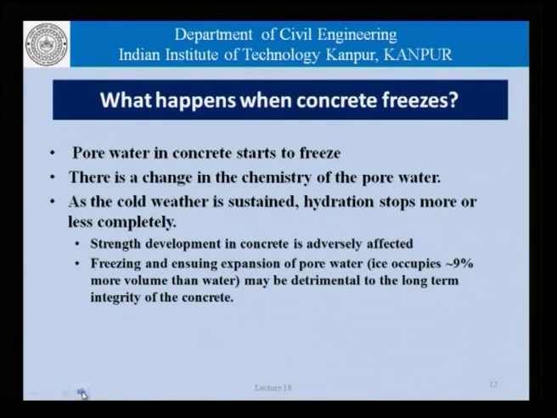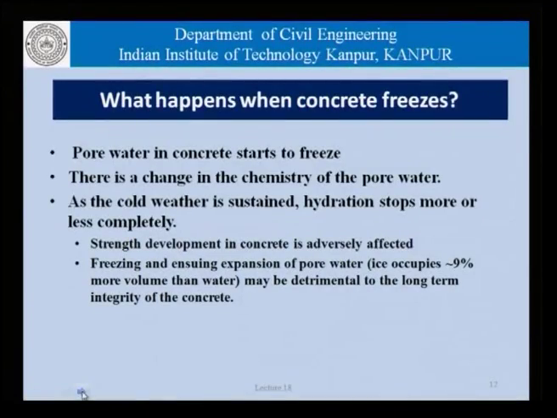What happens when concrete freezes? Pore water in concrete starts to freeze. There is a change in the chemistry of the pore water, because once part of the water is frozen, part of the water is not. The concentrations of the ions in the different parts of water is different. The changes in concentration of ions in the pore water cause changes in the freezing point of the water, and so on.